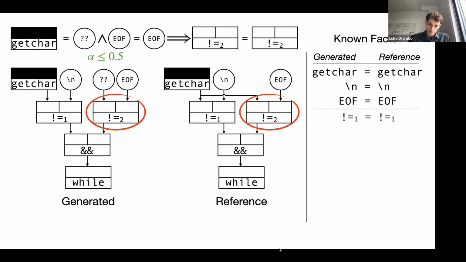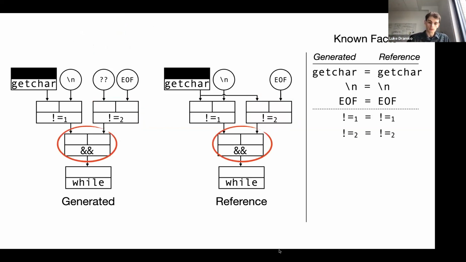But if alpha is 0.5 or less, we can satisfy these conditions because we can ignore the fact that getChar is not the same thing as uninitialized memory and conclude that the second not equals in the generated aligns with the second not equals in the reference. And then we can keep going.